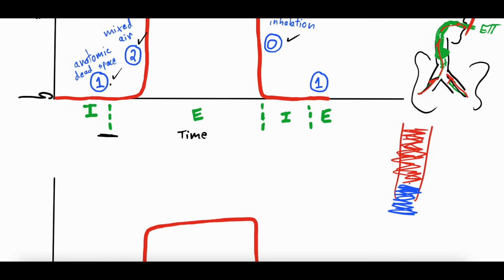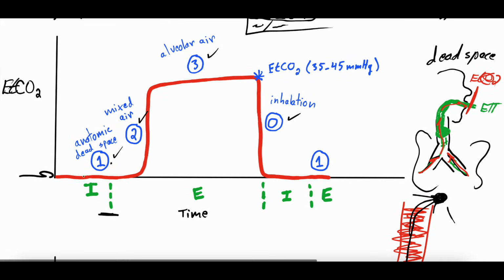So when I breathe out, the first air that this detector is going to detect is the air that did not exchange gases. After that dead space is when you get to the air that did exchange gases. So anatomic dead space, phase 1, actually has no end tidal because this is just air that was sitting in the airways from when you breathed in, and you breathe out that air first.